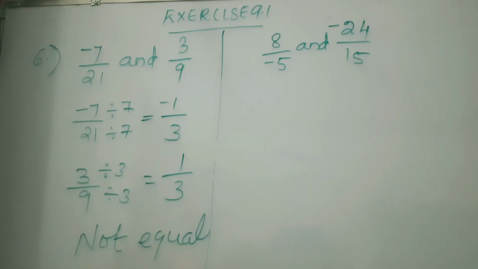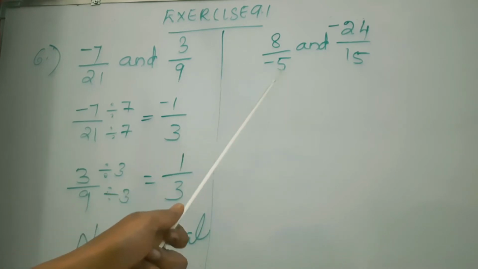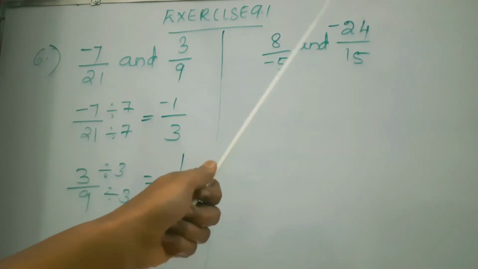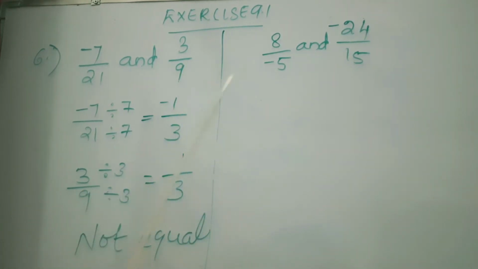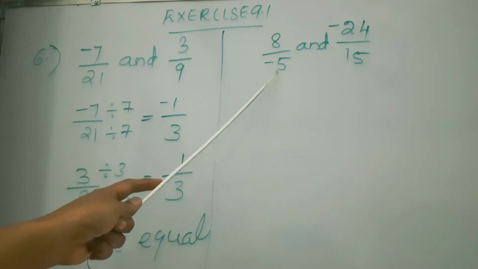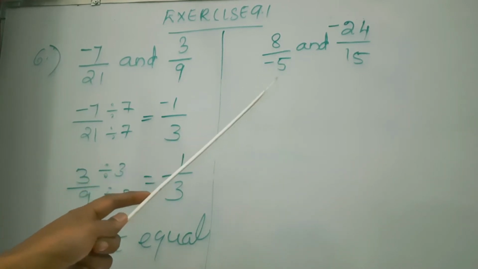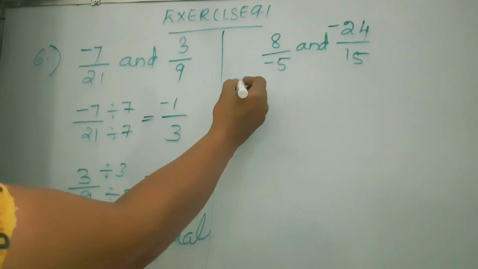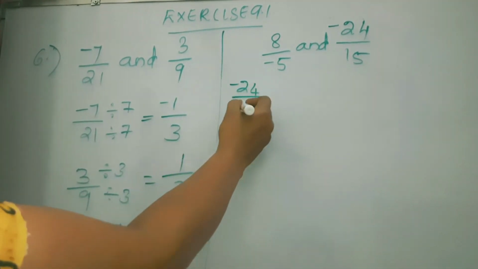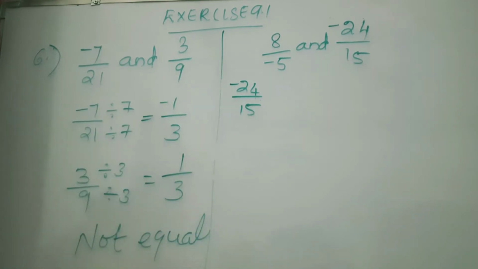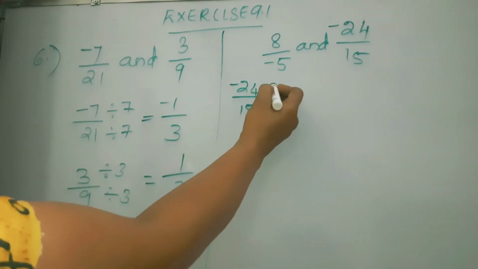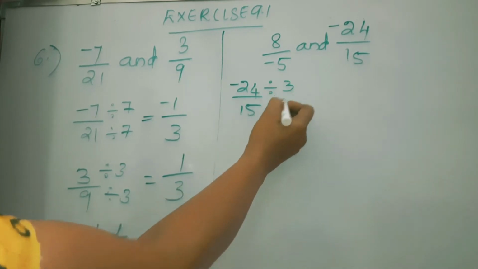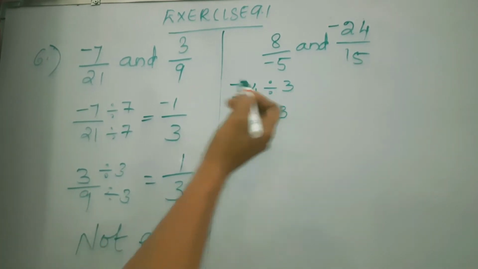Let's see the next two rational numbers, 8 by negative 5 and negative 24 by 15. So here 8 by negative 5 is in simplest form. We cannot reduce it more. But negative 24 by 15 is not in its simplest form. We can reduce it now. The common factor for both of these is 3. So we can divide by 3.